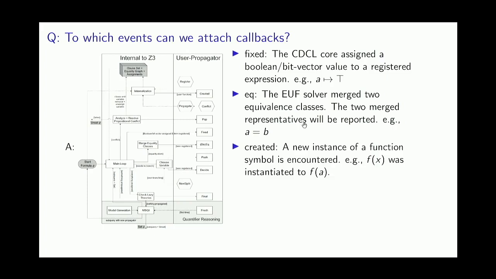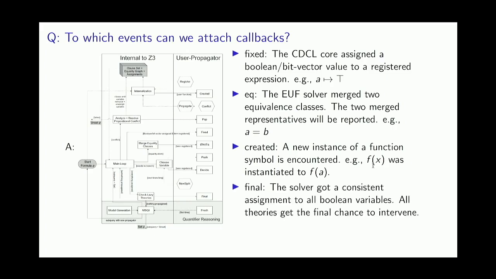We have the created callback, which is called whenever a new instance of a function symbol is created. So, for example, if you have f of x and x is a universally quantified variable, we get a callback if f of a is instantiated. So this allows us to reason in presence of quantification.